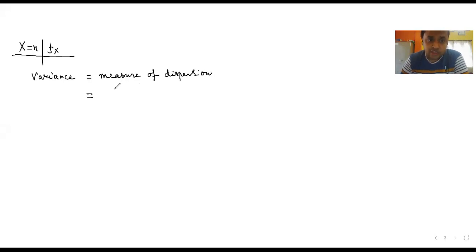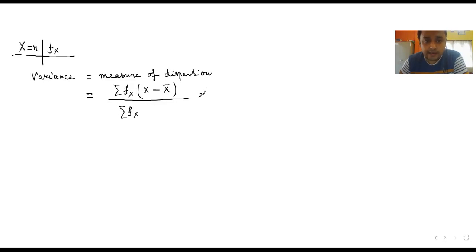Okay, for a frequency chart, it is given by the formula summation f x, x minus x bar, the whole divided by summation f x. This is the formula.